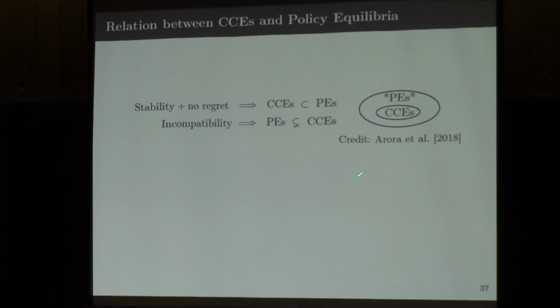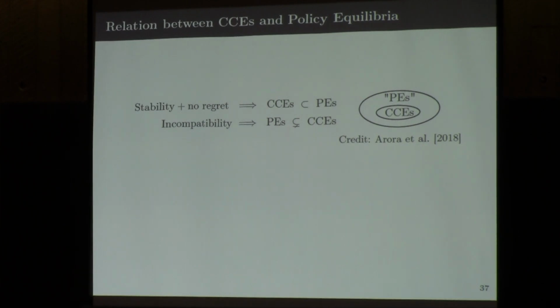Finally, we want to resolve what the relationship is between coarse correlated equilibria and policy equilibria. So the first result in terms of understanding this hierarchy or nesting is that stability plus no regret implies sublinear policy regret, therefore coarse correlated equilibria are contained within the policy equilibria.